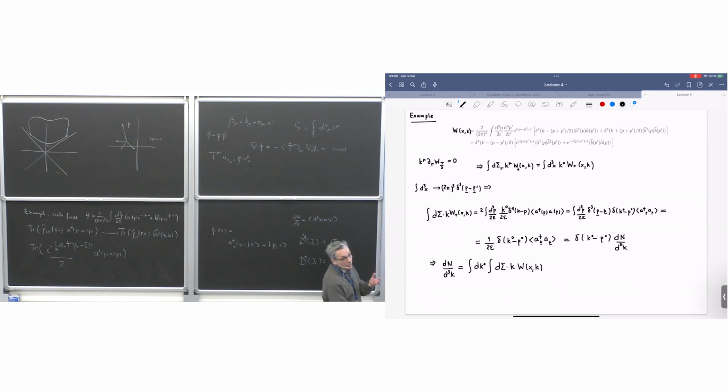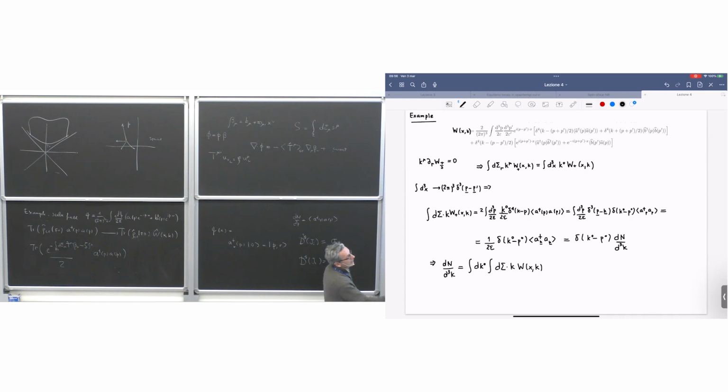Whereas here, for instance, you have p and p prime added, and therefore k is a time-like vector, but k naught is negative because you have k plus p plus p prime. So this term is selected by theta of minus k naught, so this k naught negative, and involves antiparticles. This is k naught positive, particles.